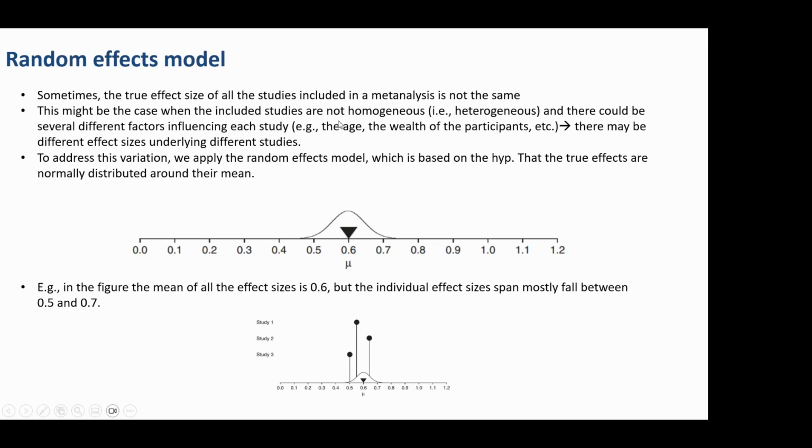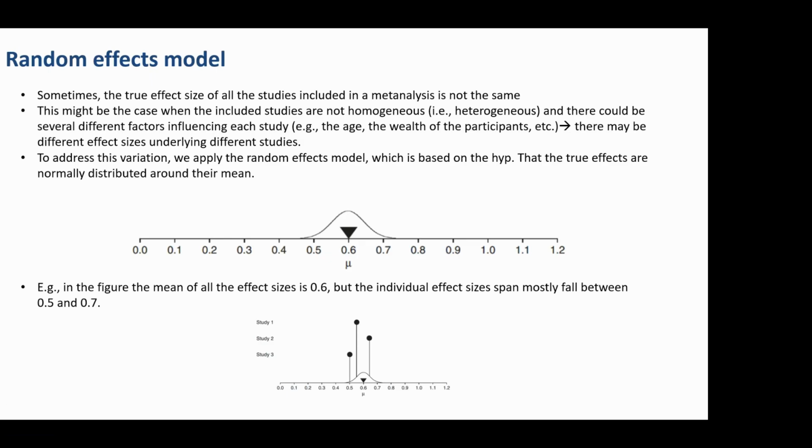So basically, the random effect model doesn't only take into account the variance due to the sampling error, but also the variance given by the fact that all the studies will not have the real value centered on it. I don't know how to explain that. Let's read. To address this variation, we apply the random effect model, which is based on the hypothesis that the true effects are normally distributed around their mean.